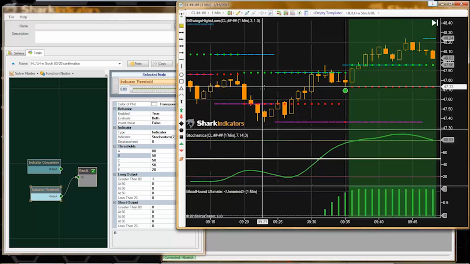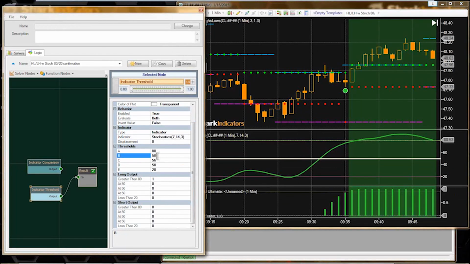As Daniel explained, there was one point where the price didn't quite come down to the 62%. It got close, but didn't actually touch it. So technically, it didn't work out. But with BloodHound, you can use the fuzzy logic to say, well, if something gets close enough, it's good enough to take a trade from.